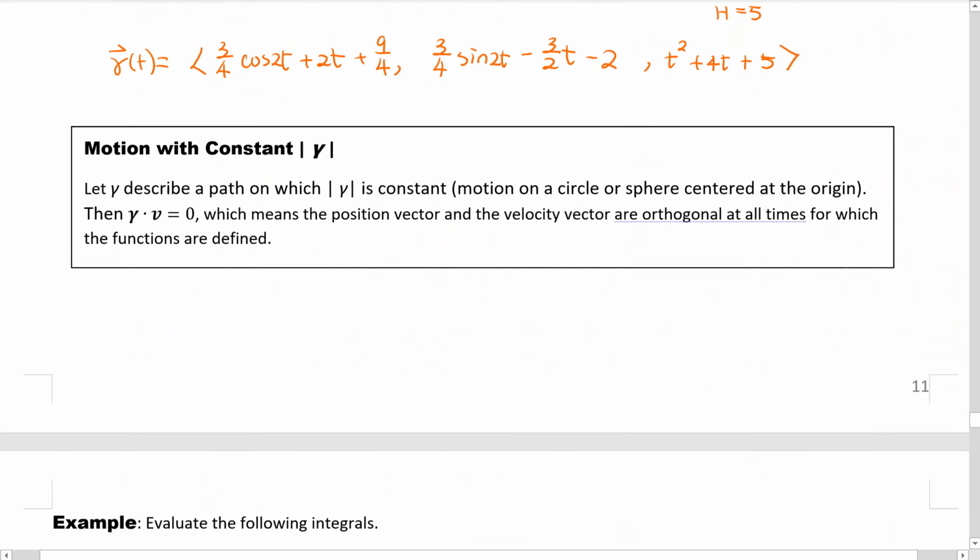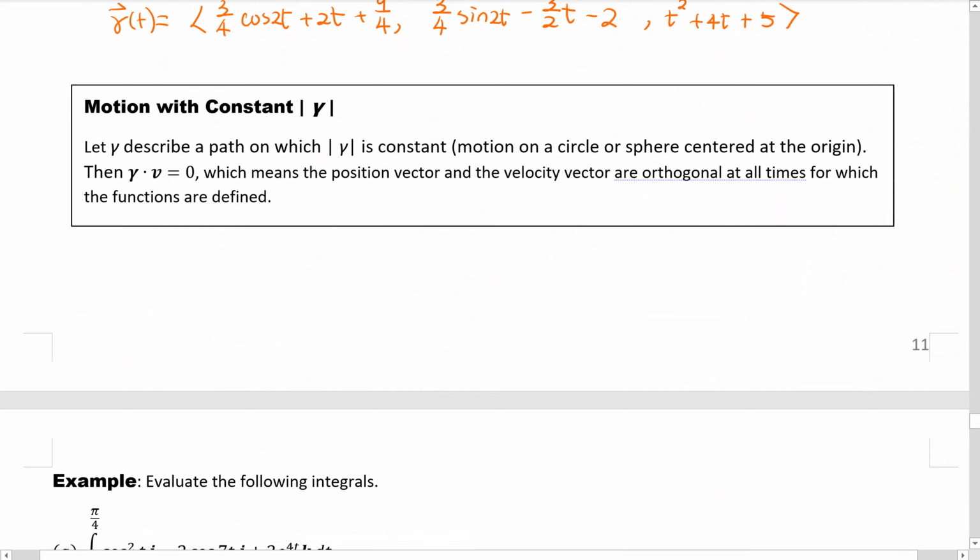Okay, next, let's look at this fact. Motion with constant displacement. This is the magnitude of the displacement. So let gamma describe a path on which this is the distance from the particle to the origin. So the distance from the particle to the origin is constant.